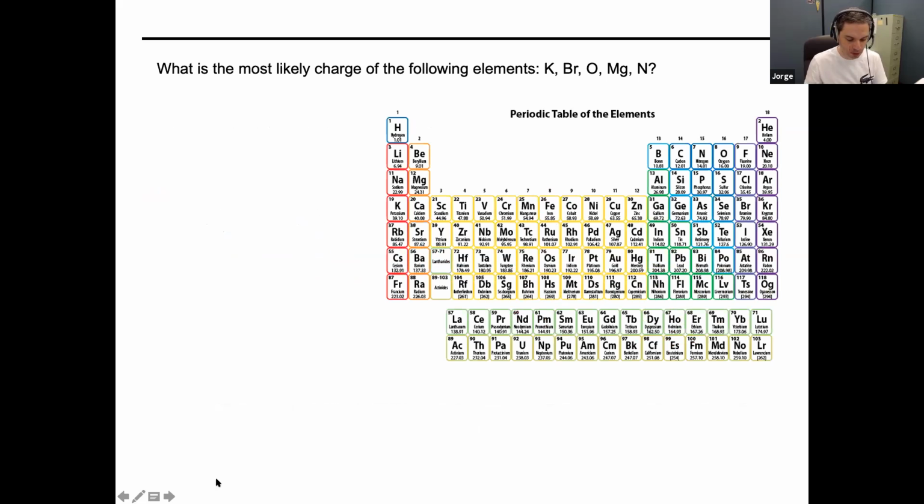Let's start with an example here. I will do that with you, and then we will get the rationale for how to determine when an element is losing or gaining electrons. The question here is to determine the most likely charge of the following elements. So let me quickly switch to my other screen here, where I can write things.